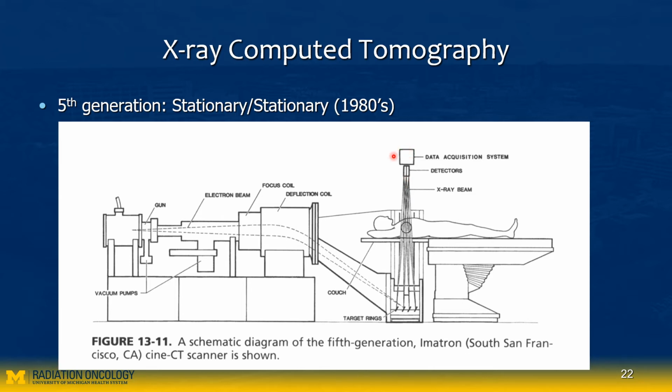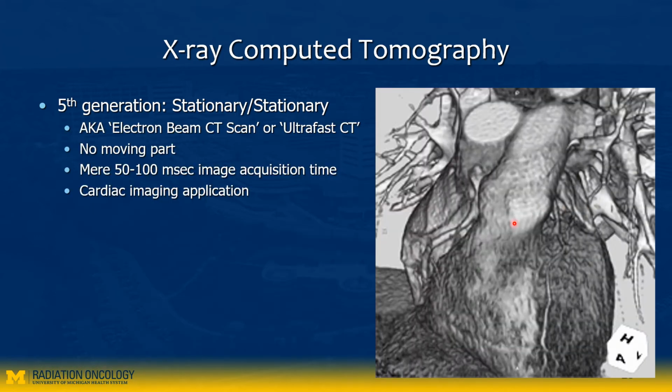The big advantage of this fifth generation CT scanner is that it can be super fast. There's nothing rotating around, so you only steer these electron beams at a certain location and capture a snapshot of your anatomy. This is an example here.